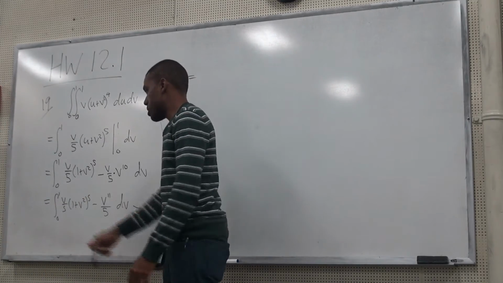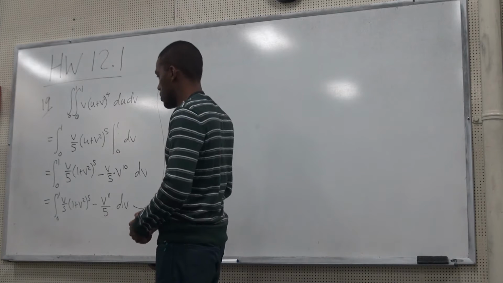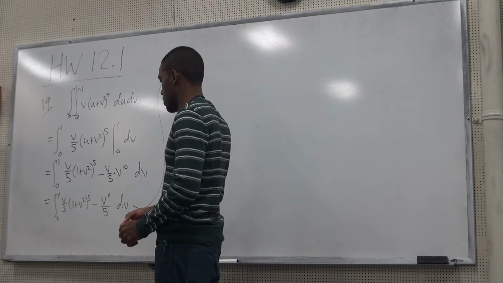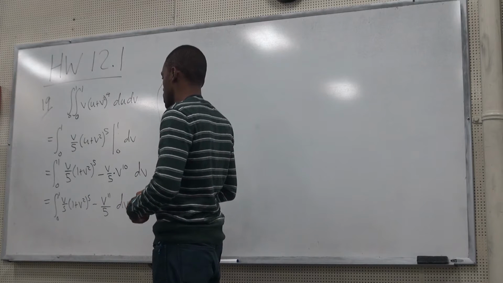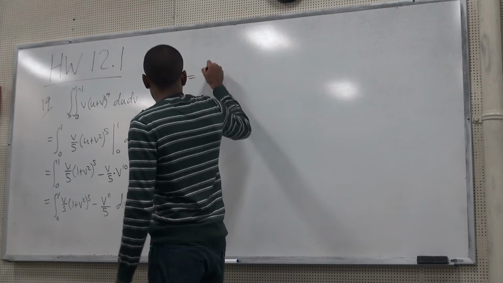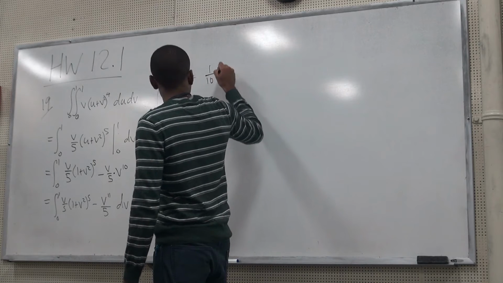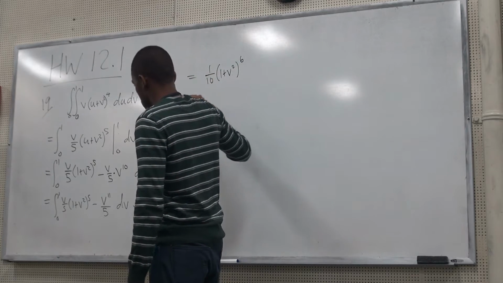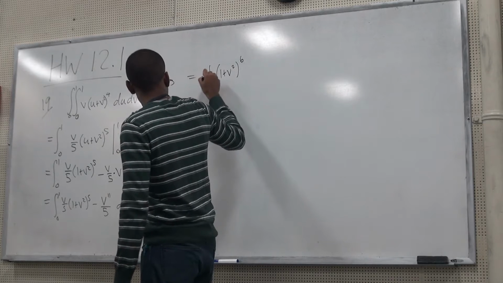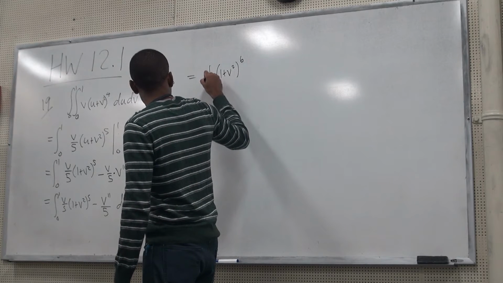How do I integrate this? It's going to be a u sub. Basically 1/10, 1 plus v squared. We're going to add 6 and divide by 6, so this will end up being 60.